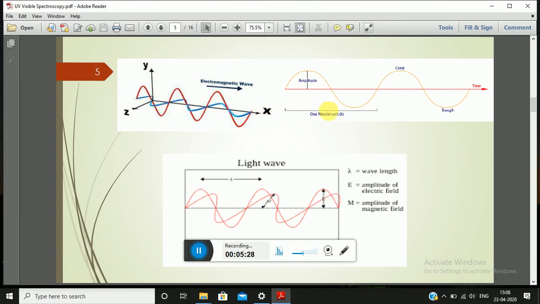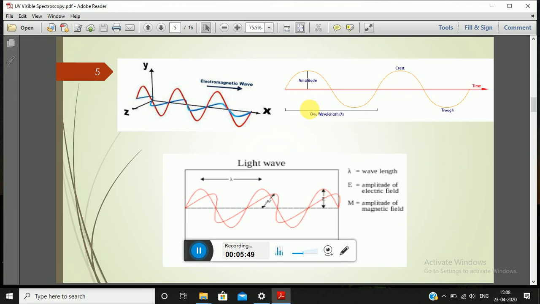In the second diagram, one wavelength is the length of a wave which includes a consecutive crest and a trough, and there is an amplitude which has been shown here.